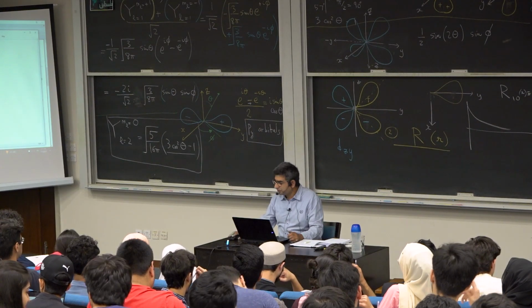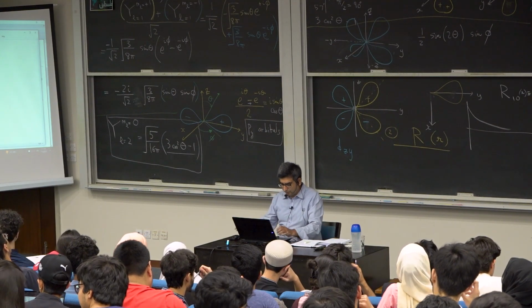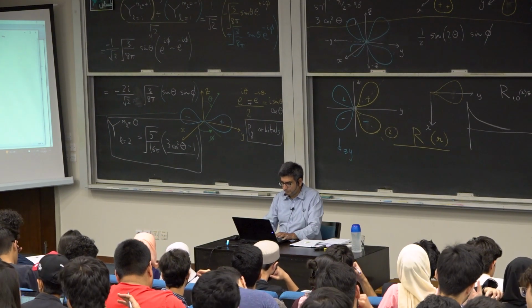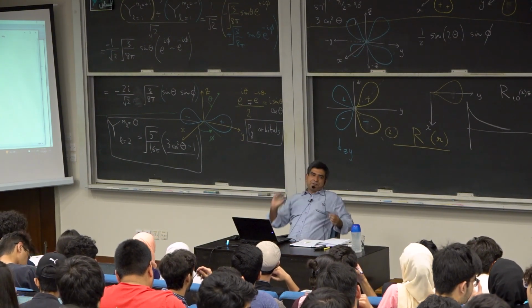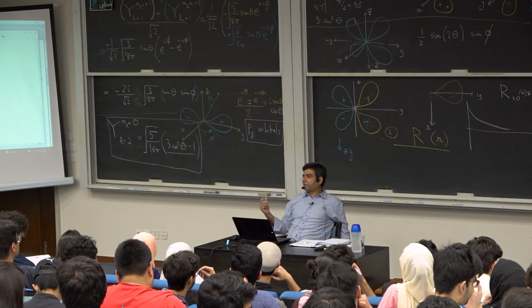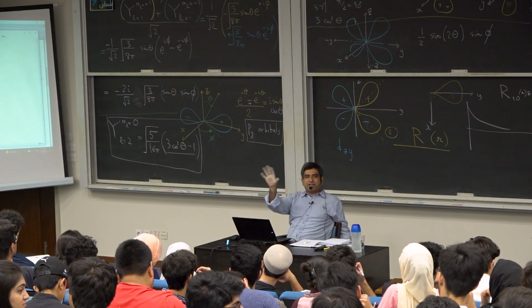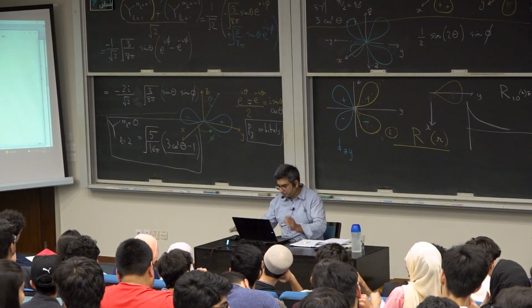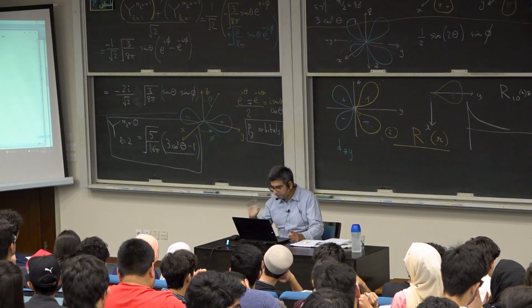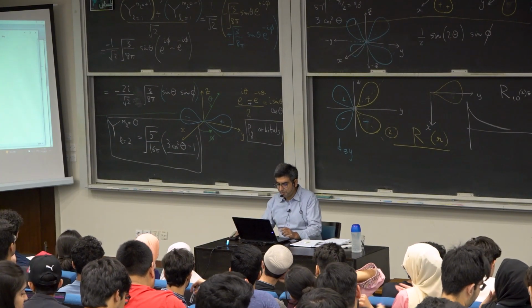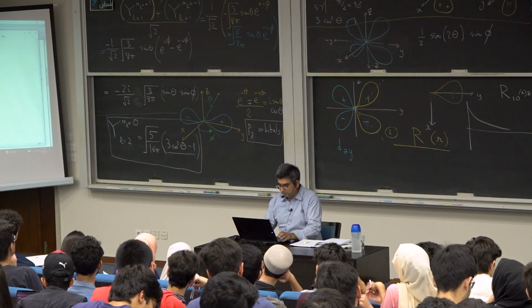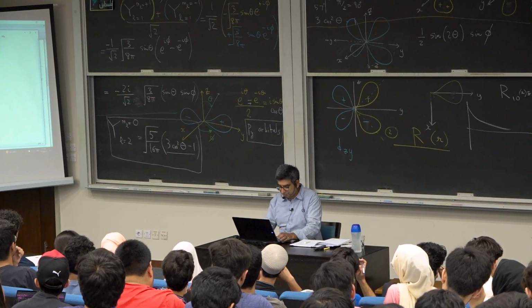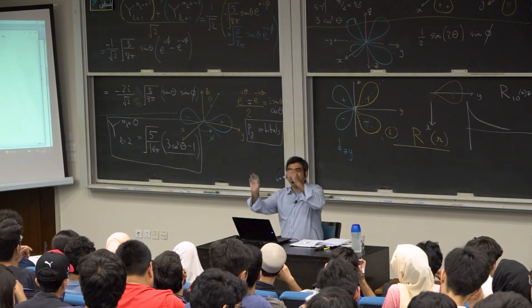I want to plot the r dependence. I don't care about the coefficients, just the r dependence. Let me increase the size a little bit. So I plot 2 minus r, and I take my a naught to be equal to 1.